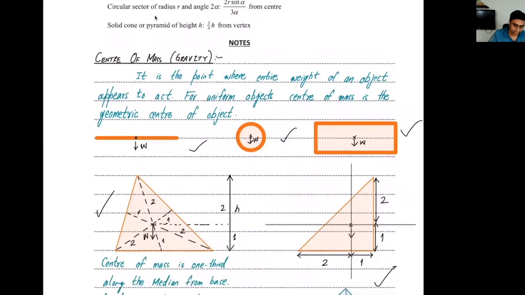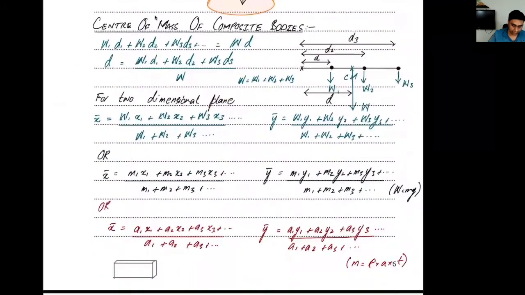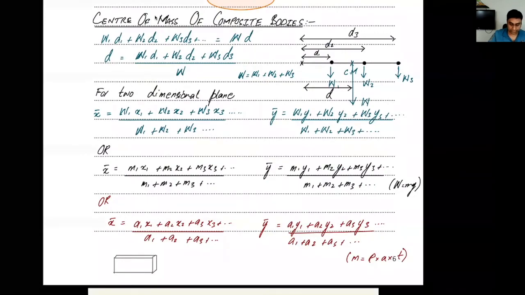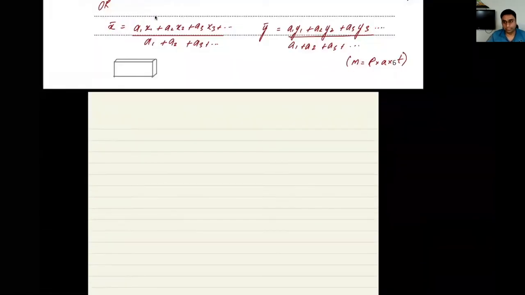But sometimes what's going to happen is that I would have composite bodies. And once I have composite bodies, I may be required to find out the center of mass of those composite bodies as well. What does that mean? That means, let's say I have a rod, right? And this is a uniform rod. And it has two masses attached to it.